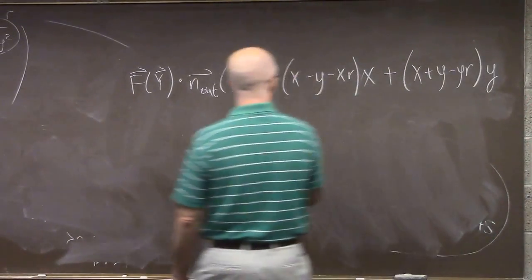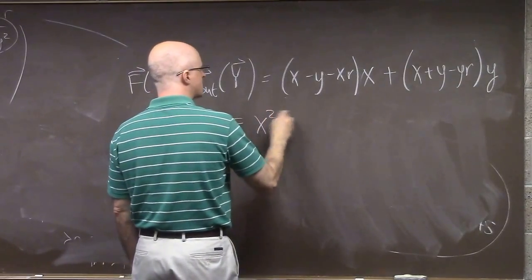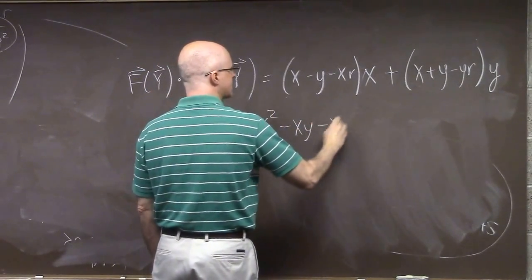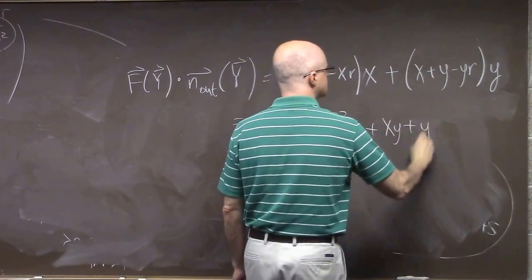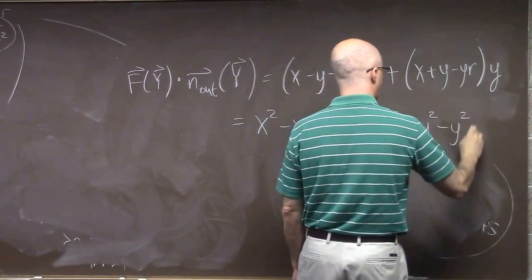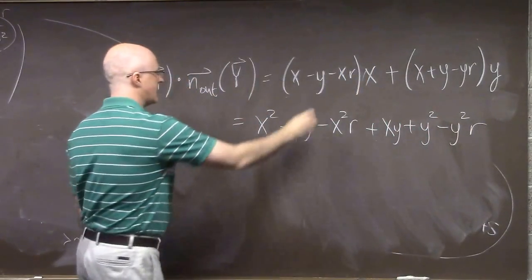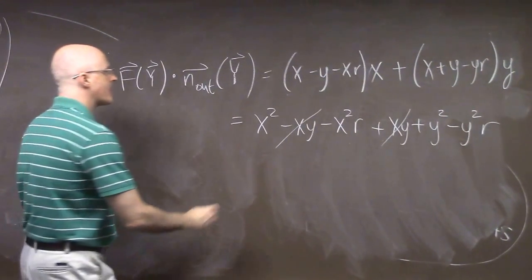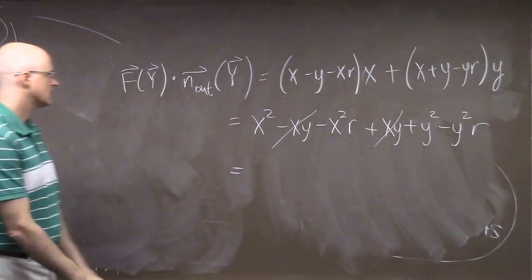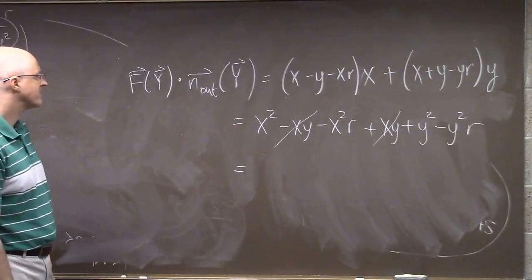Simplify. Hopefully you get some cancellation. You get x squared minus xy minus x squared r plus xy plus y squared minus y squared r. The xy terms go away. Let's see, how should we think about this here?